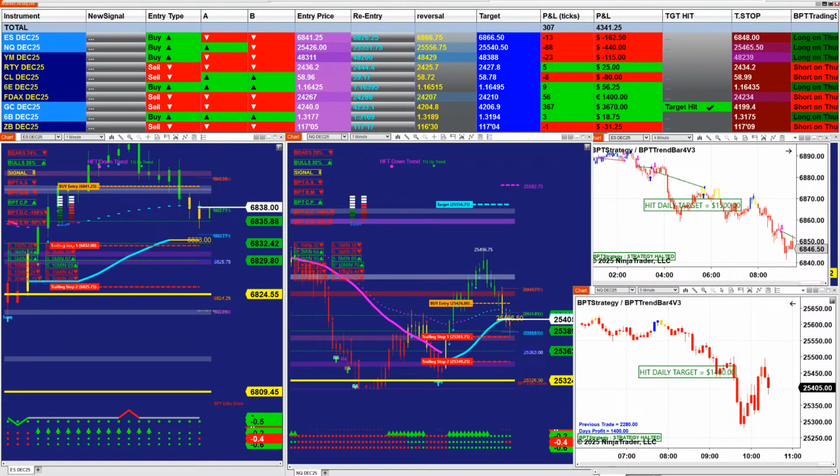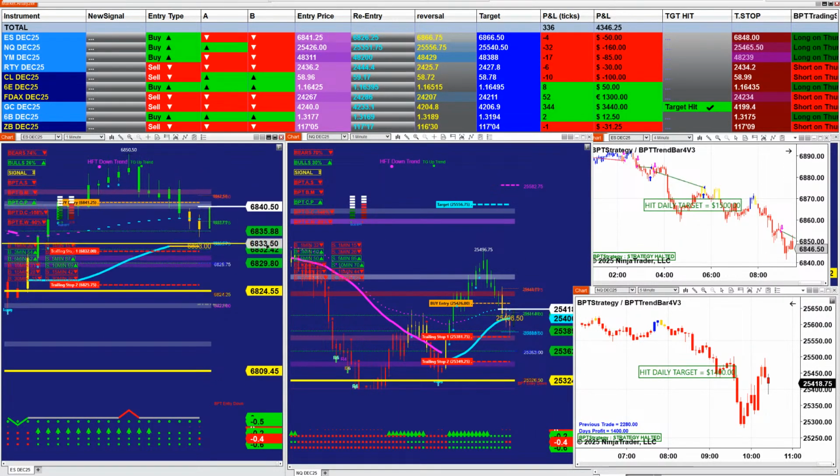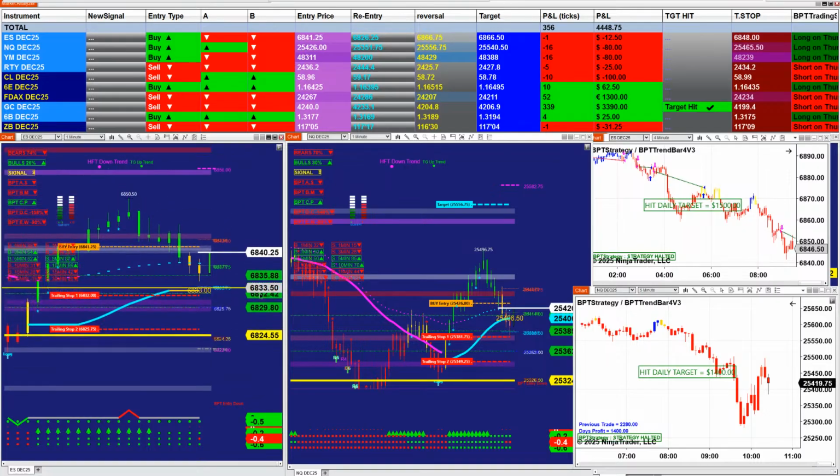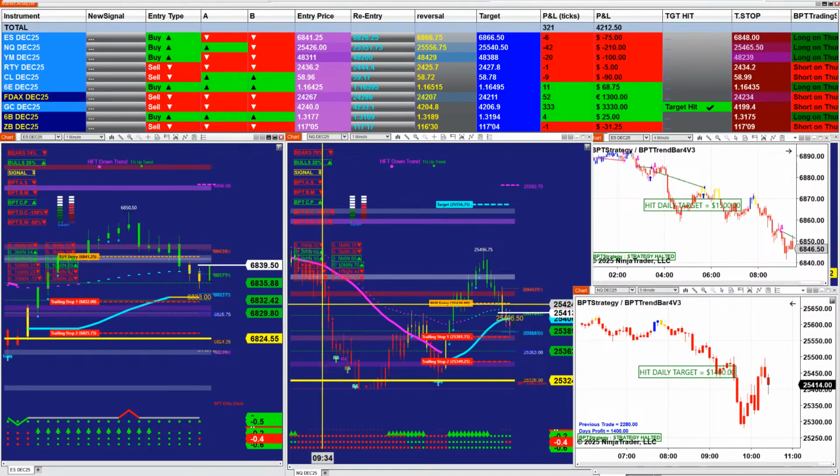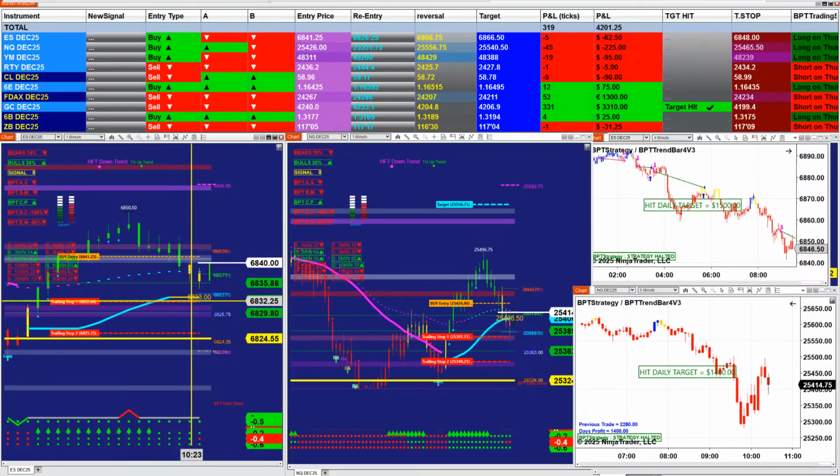So I cannot do anything, because also, if you want confirmation to direct your auto trade long or short, it always works when both the ES and Nasdaq are below the yellow line.